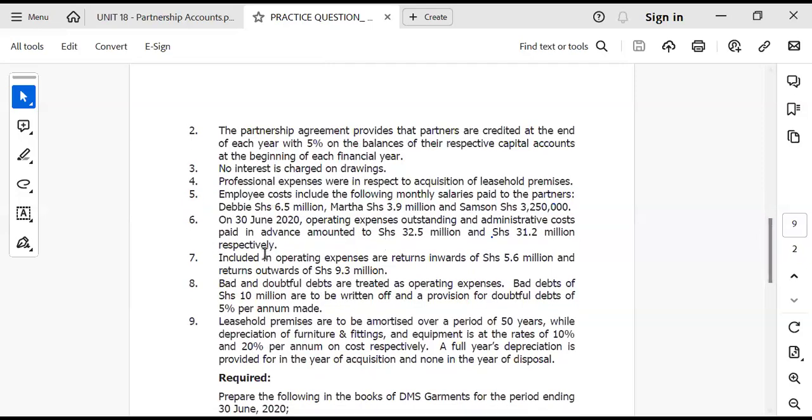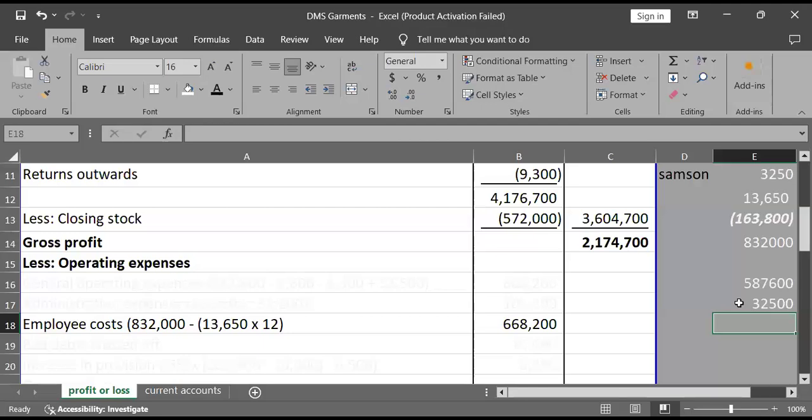So the next note is telling us that included in operating expenses. That means that 587 is also inclusive of the 5.6 and the 9.3 million. So that means that we also have to go ahead and remove the 5.6 million and the 9.3 million.